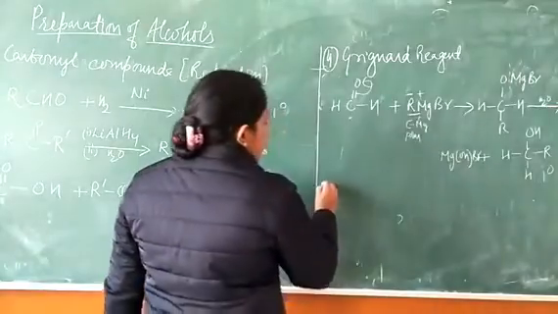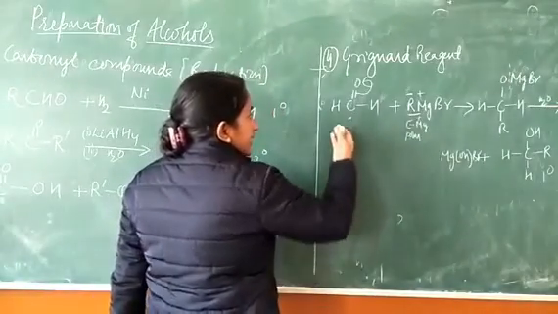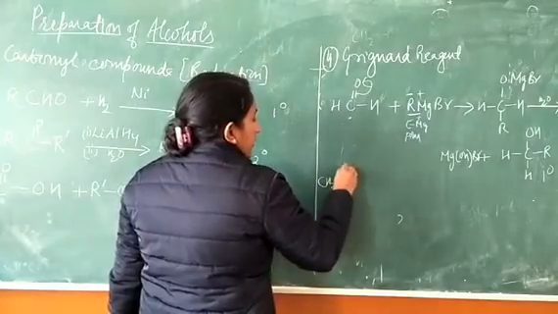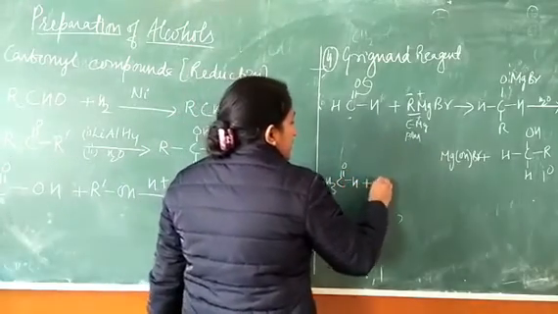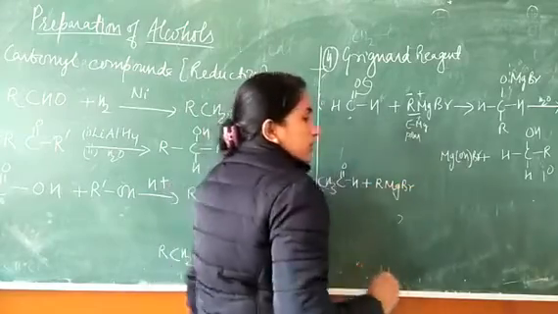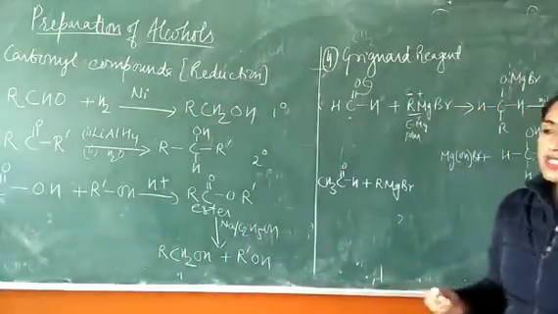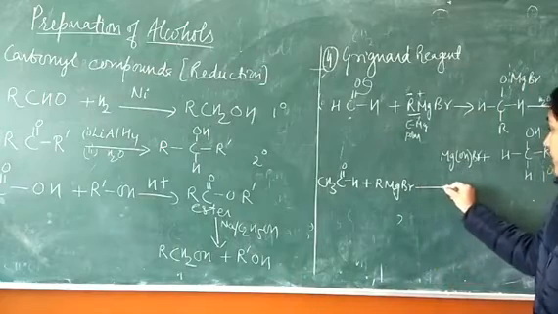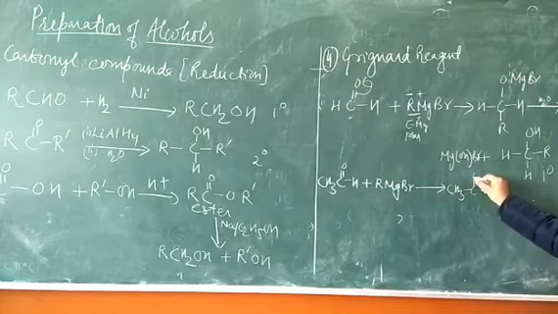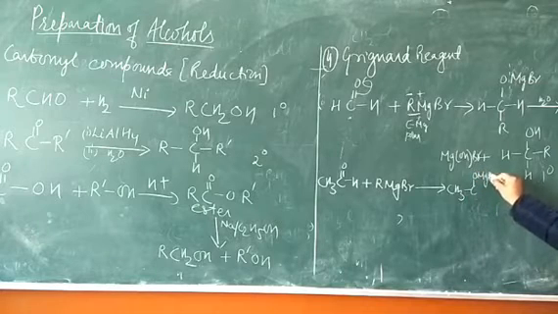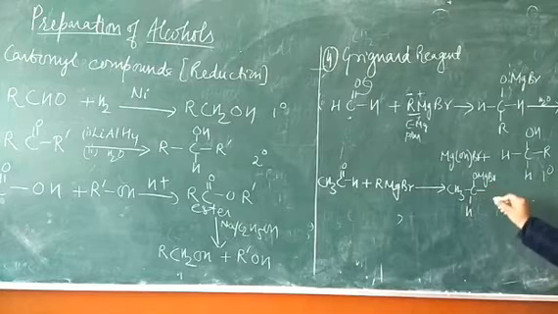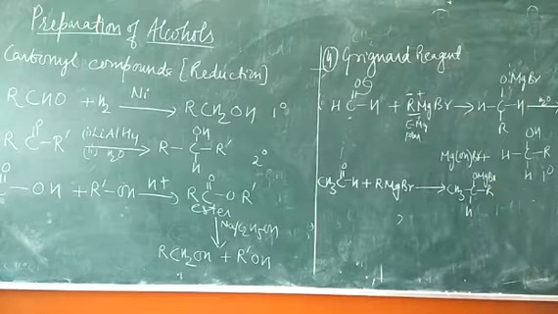Now student, if we use an aldehyde other than formaldehyde, let us take CH3CHO with RMgBr. Here I am writing R, but you can put any alkyl group, it can be CH3 or C2H5. In the first step, OMgBr gets linked here, with H and the R group linked to it.